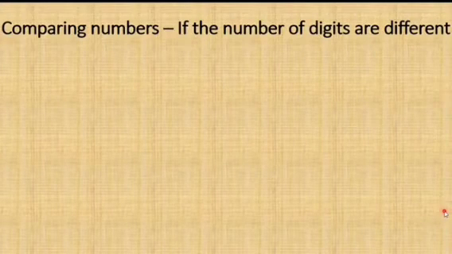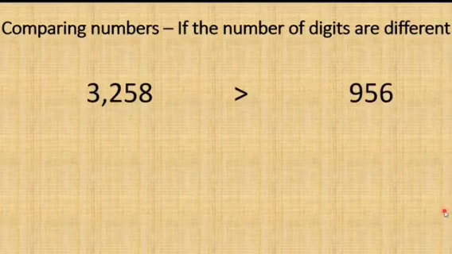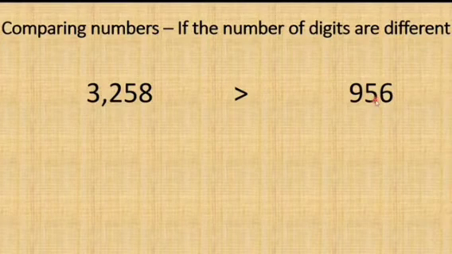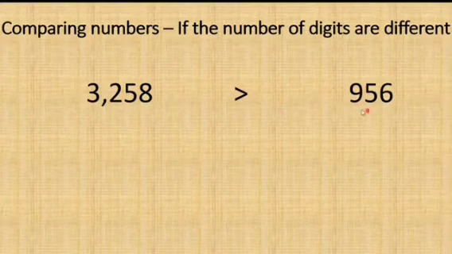Now, if the number of digits are different, for example, 3258 has 4 digits in it. 956 has 3 digits. Can you tell me which is greater? Immediately you can tell that 3258 is greater than 956 because this is a 4-digit number and this is a 3-digit number.